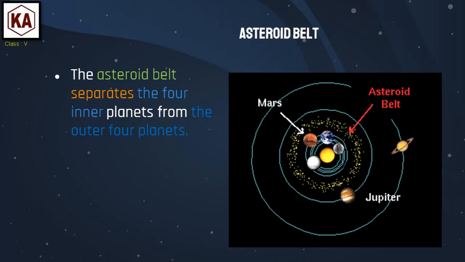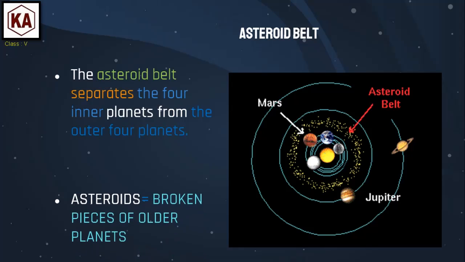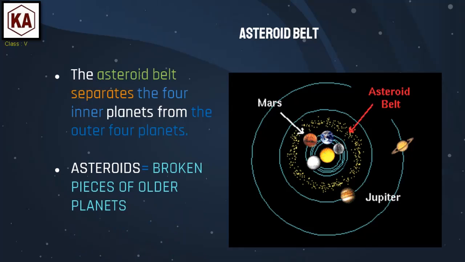You can see this in this picture. After four planets, you have this asteroid belt, which is actually broken pieces of older planets that may be broken for any random reasons. The broken pieces gather together to form this belt. Okay?